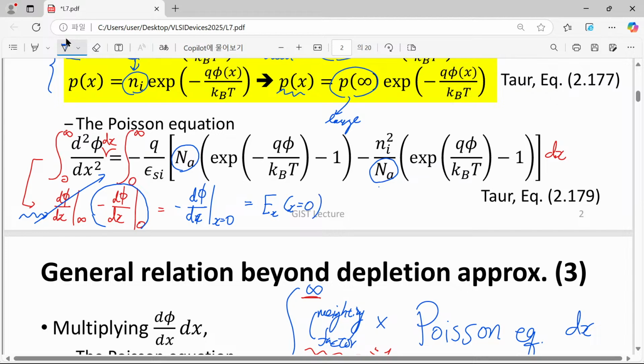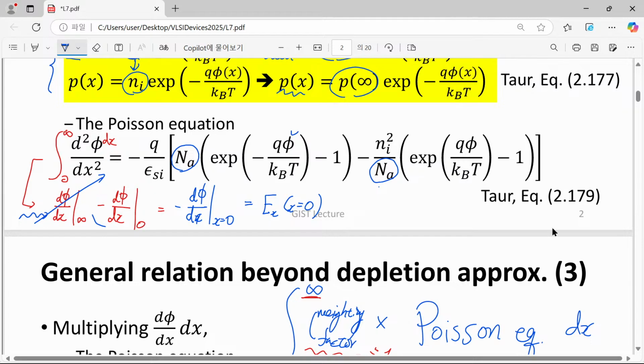Yes. And the next one, in order to evaluate this equation, here we have the integration variable x, and the integrand contains the function phi of x. If we have no idea about the specific form of the electrostatic potential, actually we cannot integrate it. So its integration is not that easy, but what we can say is quite simple.